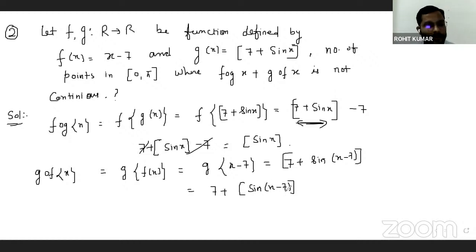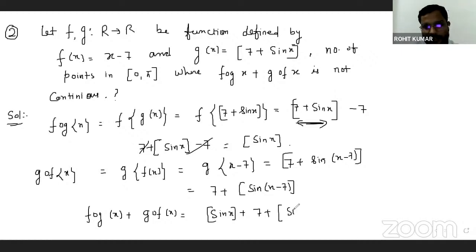Okay, so add fog and gof. If we add it, we have the greatest integer function of sin x plus 7 plus the greatest integer function of sin(x minus 7) minus 7.